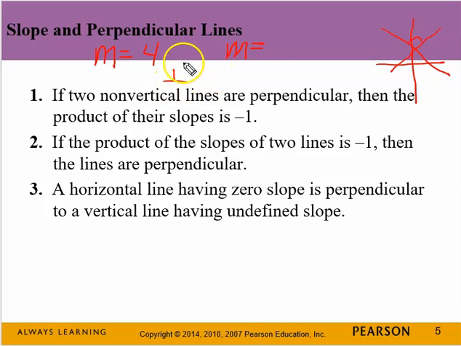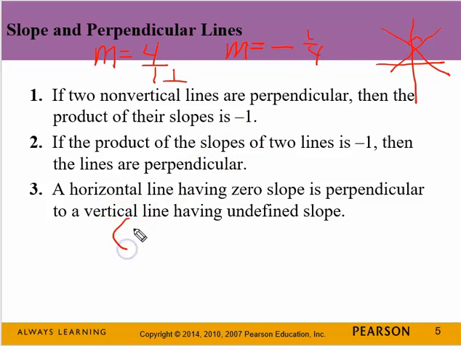And the protocol for that would be take the opposite sign of that slope. So this slope is positive, so the new one would have to be negative. And the reciprocal of this. Now, 4 over 1, the reciprocal of that, with the opposite sign, is negative 1 over 4.